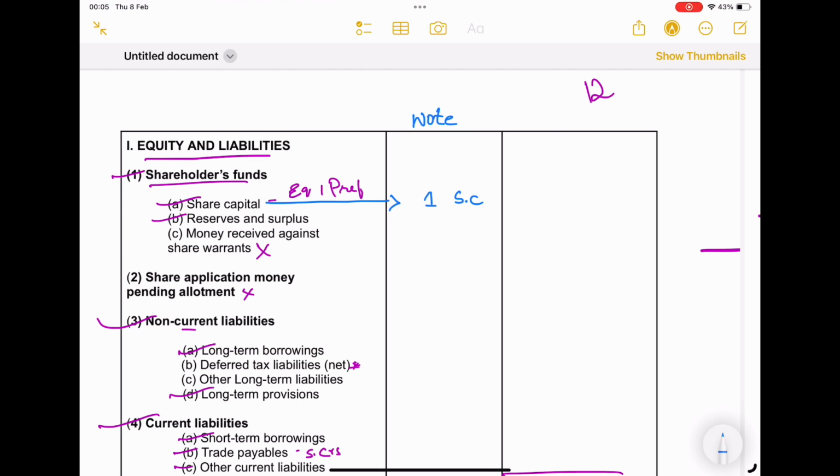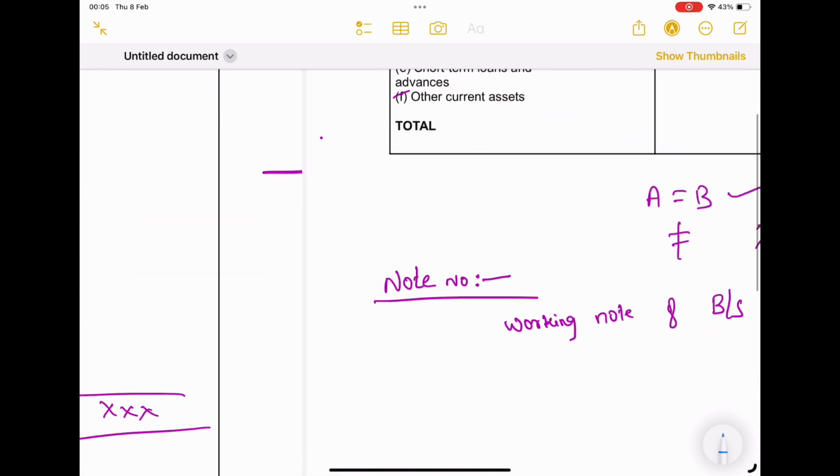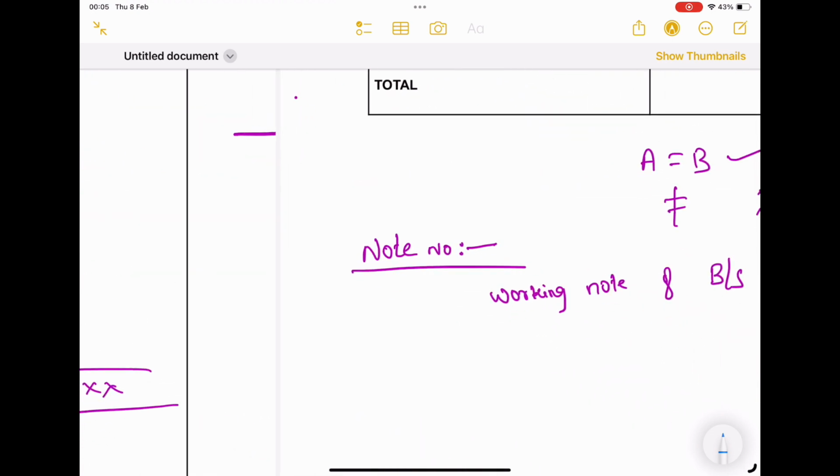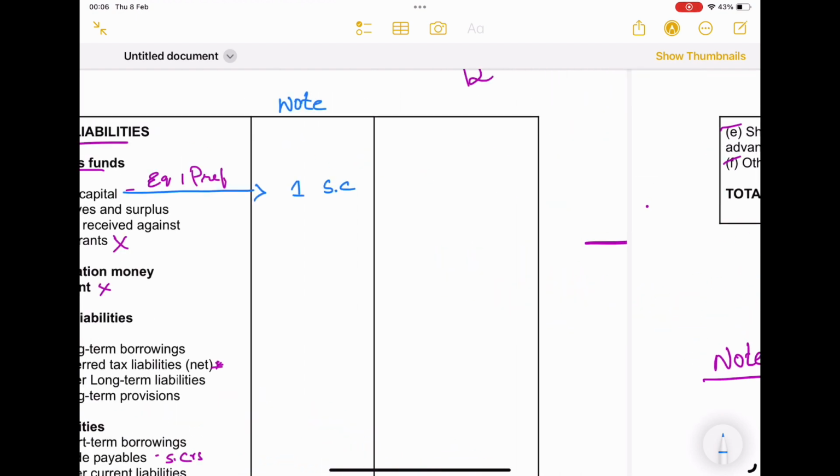For example, this is the format. I'm just saying, for example, during the examination I have drawn my rough or empty format for the balance sheet.